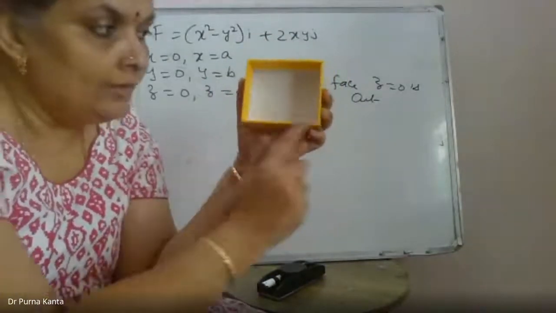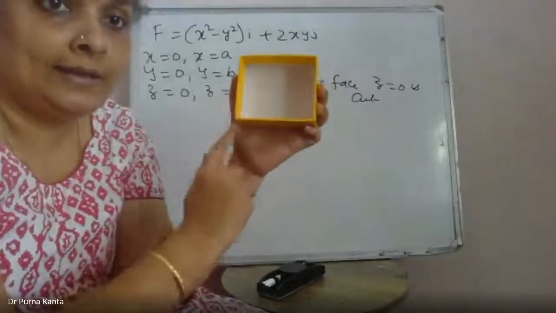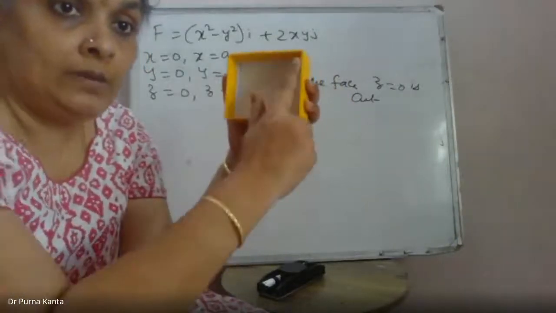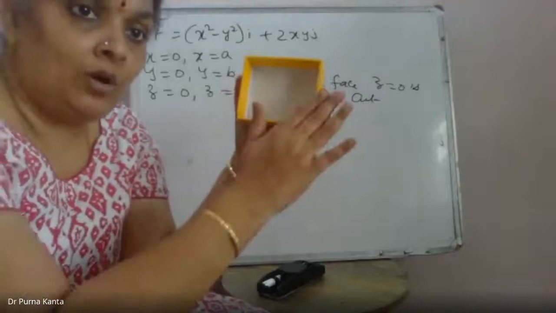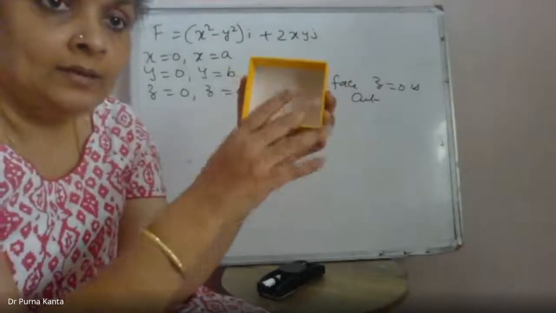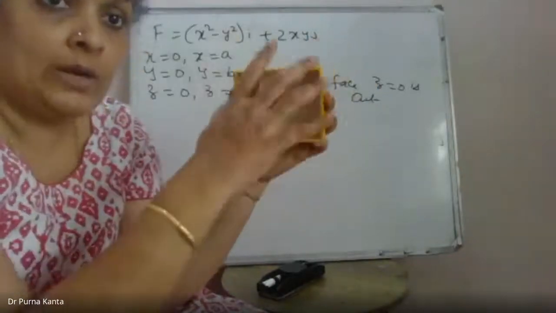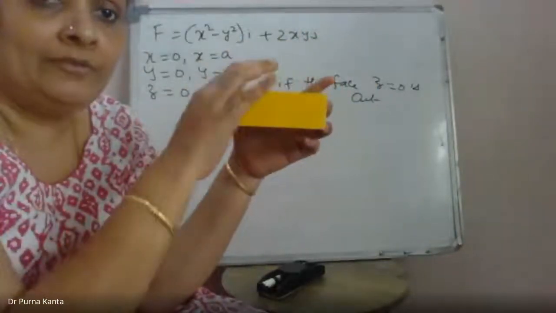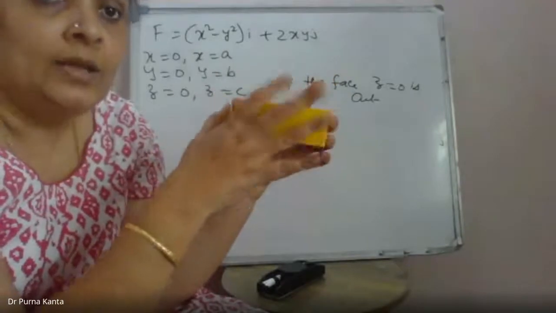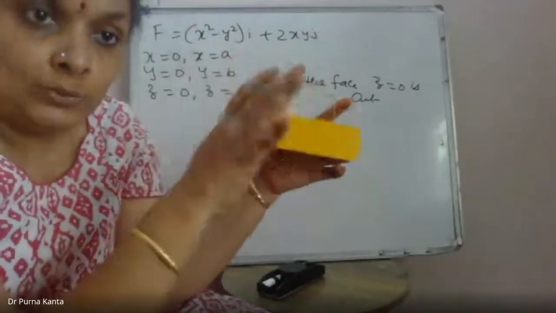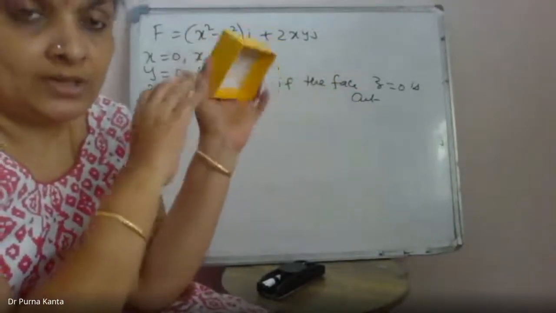For all the 4 lines, you have to calculate the line integral F dot dr along OA, AB, BC, CO, and add them. The sum of these 4 lines should be equal to the sum of all the 5 faces we calculated as the surface integral. If these 2 values are equal, then Stokes theorem is verified.